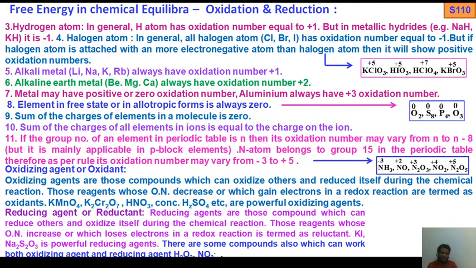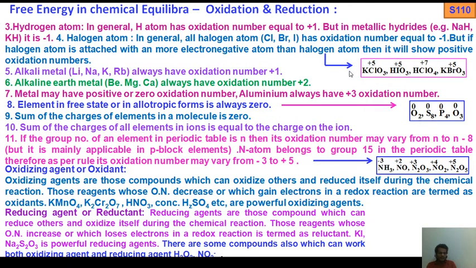So in order to find out the oxidation number, we should know the oxidation number of fluorine. Next, oxygen is generally -2, but there are exceptions: superoxides, peroxides, and O2F2. We should remember these exceptional cases. Hydrogen is -1 in case of metallic hydrides, generally +1. Halogen is generally -1, and if attached to a more electronegative atom, it bears a positive oxidation number.